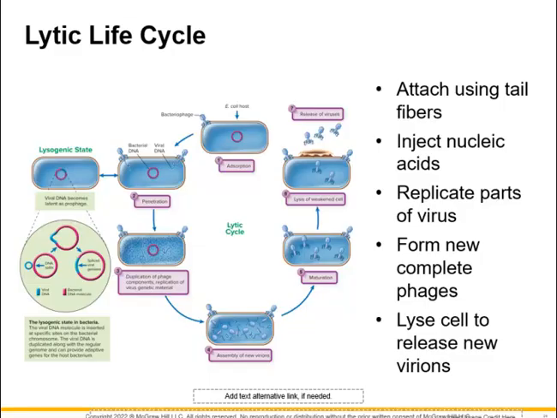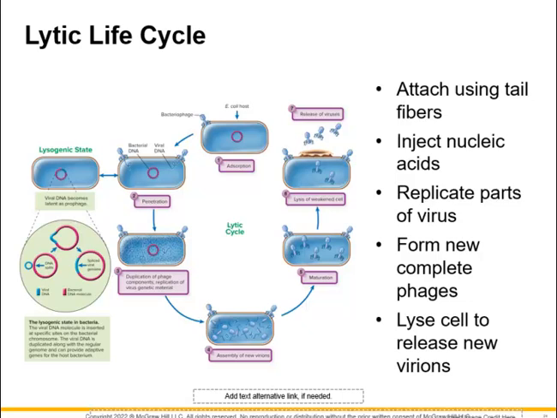So as it was saying in the previous slide, it's a silent method of replication. It doesn't kill the cell, right? It's replicating in tandem with the bacterial cell, or I shouldn't say alongside, it's actually inside.